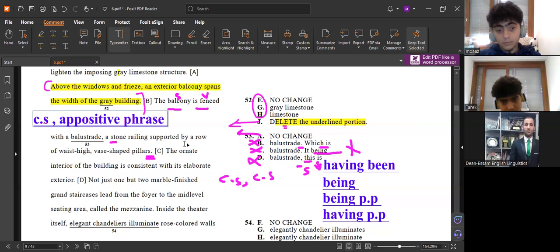A stone railing supported by a row of wire. So that means all of these are additional information to define, to illustrate, to explain what this is. Okay, we have a complete sentence here, and then a comma, and then additional information to describe something. So we need a comma and an appositive phrase.